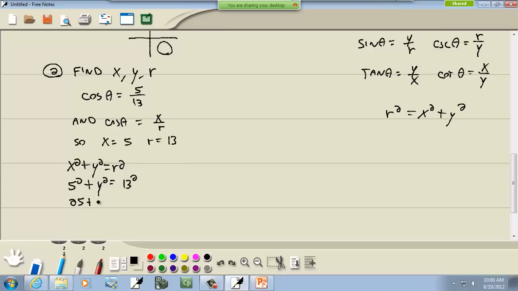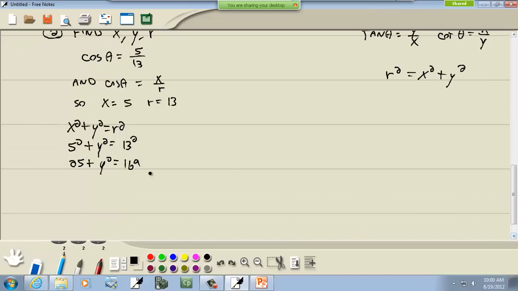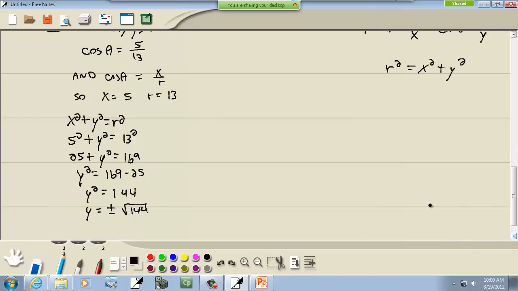So we got 25 plus y squared is equal to, I think 169 is what that is. Yeah. Take 25 over. We get y squared is equal to 169 minus 25. y squared is equal to 144. Drop the squared, put a plus or minus square root on the other side, and we get y is equal to plus or minus 12.